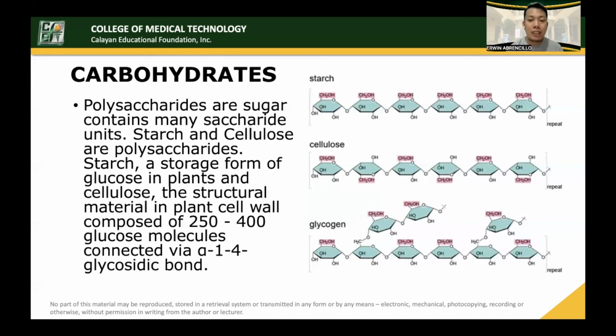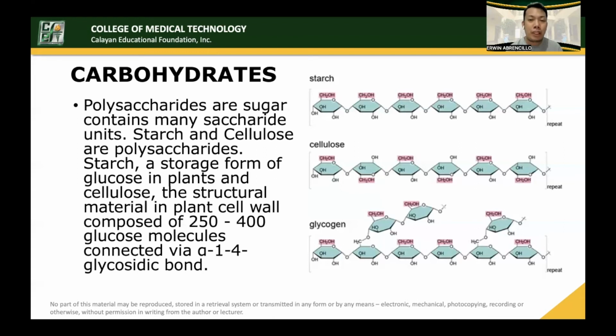So glycogen, when there is an oversupply of glucose in your blood, the insulin hormone will give a signal to the liver to absorb the excess glucose. However, the liver cannot store glucose.